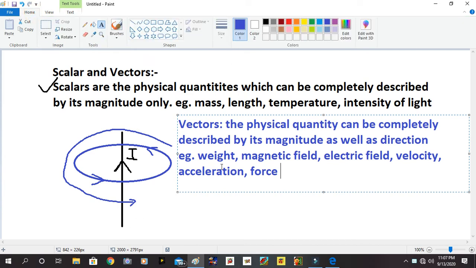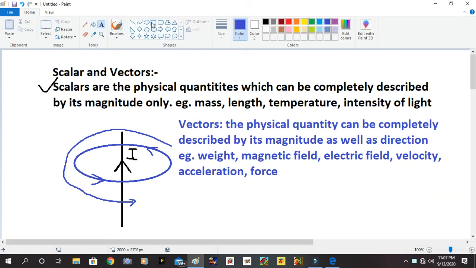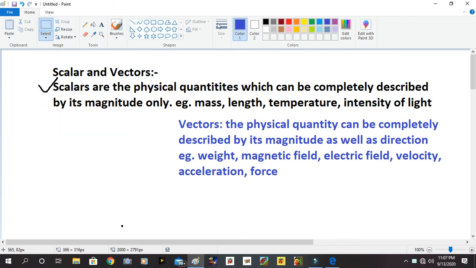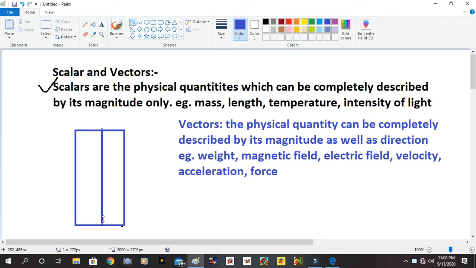So if I want to describe the force, suppose I have a cupboard at my home that is to be shifted from one place to another place, and I want to shift it by a certain distance from its initial position A to B. I need to apply force definitely.